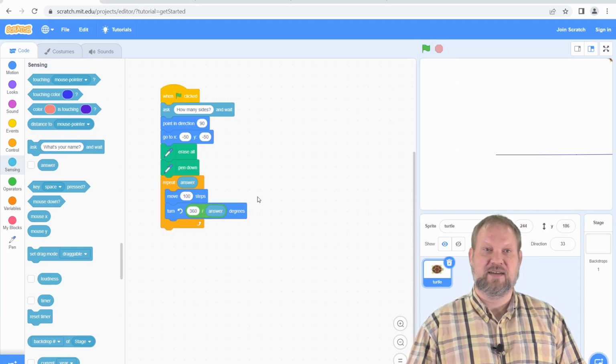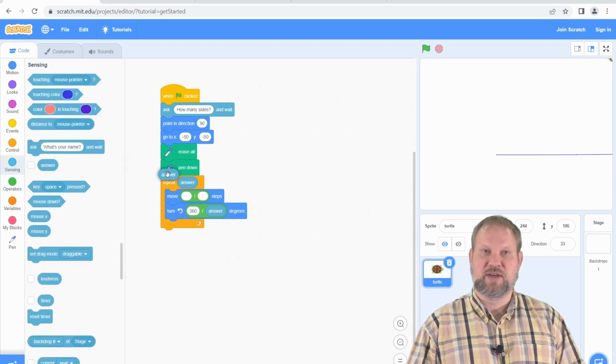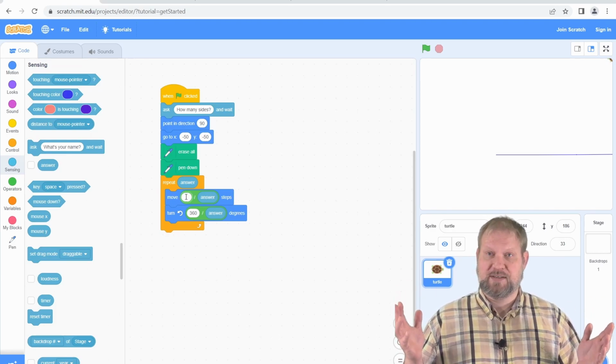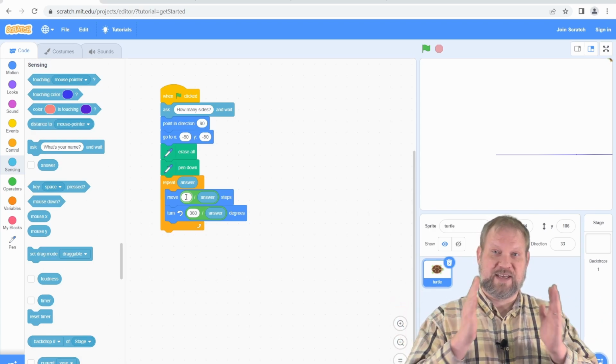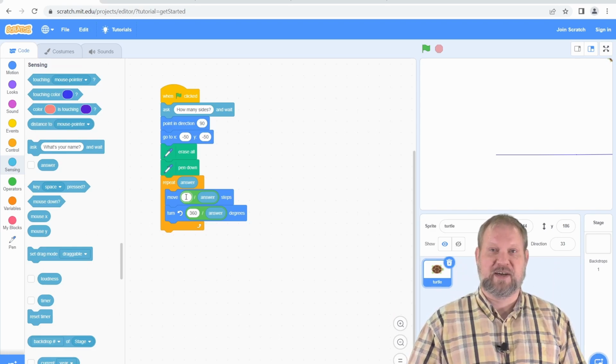So to fix that, the other thing we'll do is modify how many steps we're taking. And it really doesn't matter how many steps they actually take, but we're going to basically do the same thing in terms of dividing it by the answer, so that as the number of sides on our shape gets bigger, the distance those sides are drawn gets smaller, so it can just all stay on the stage.